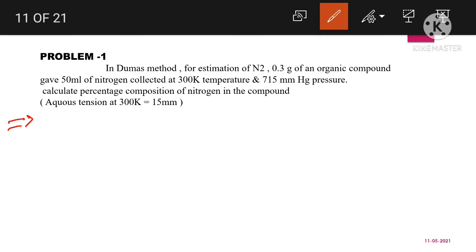First we have to put the values given in the problem. T1 here is 300 Kelvin, and V1 is 50 ml.